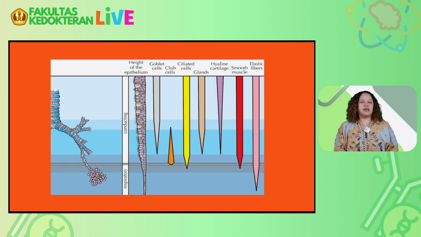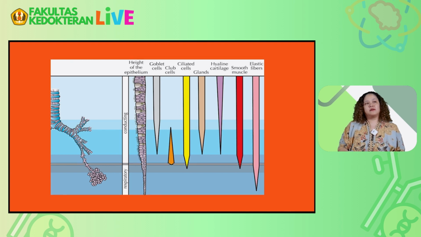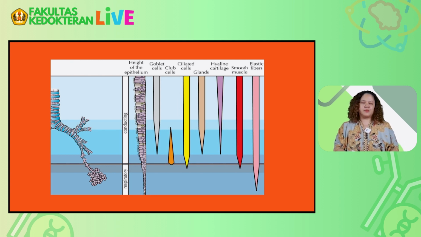This diagram is an illustration of gradual changes in histological components from the upper part of the respiratory epithelium to its lower part. Here you may see the height of the epithelium is decreasing, and the goblet cells become absent once entering the respiratory portion.